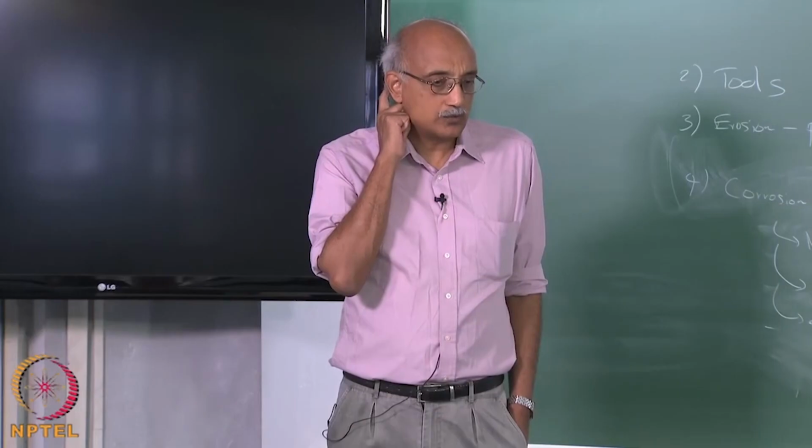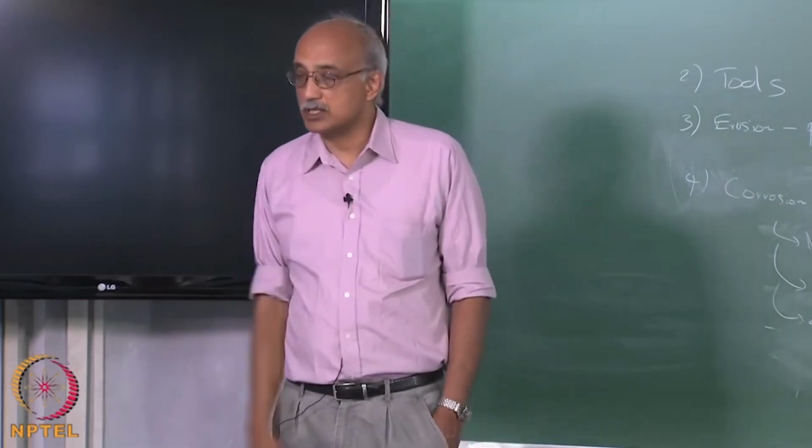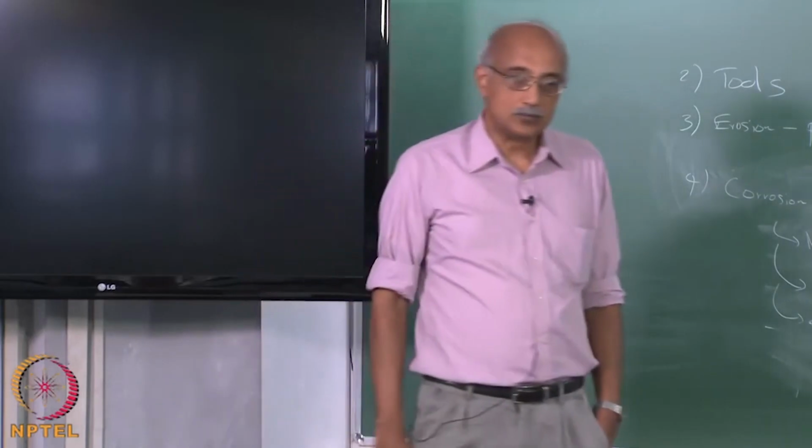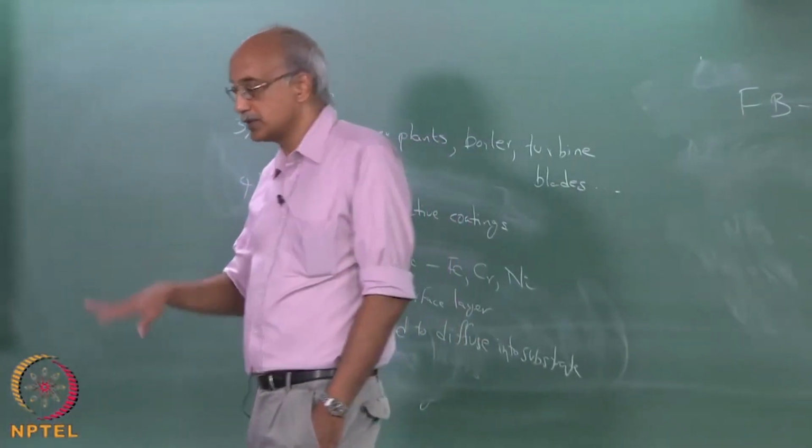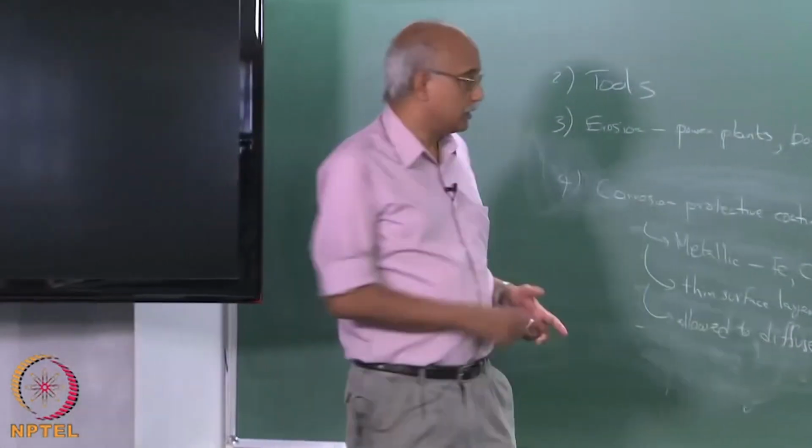So, this is now frequently employed in the turbine industry, especially to put down inexpensive corrosion protective layers on top of a pre-existing substrate. So, you will see an interesting transition.